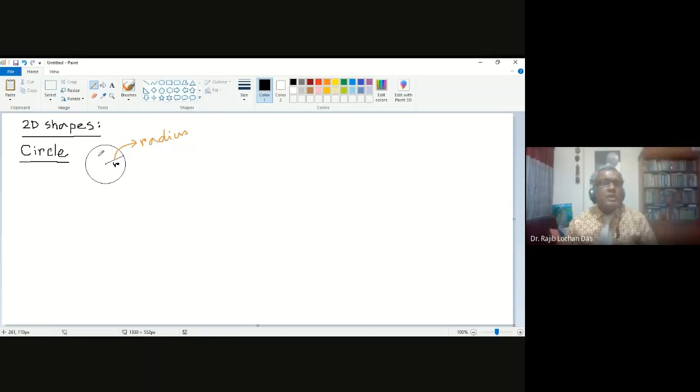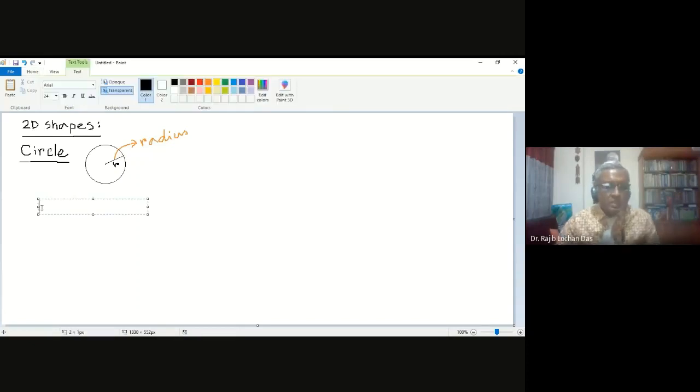So if the radius of the circle is R, then there will be two things. One is the perimeter, another is the area, right? Perimeter of a circle is popularly known as circumference.